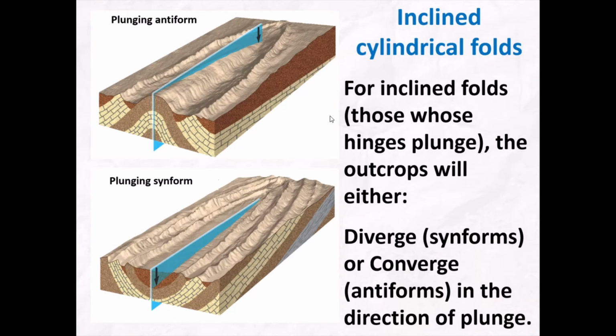So the example that's probably most akin to is this one from the previous slide, where we're on one of our Carboniferous limestones here. We're on one limb of the antiform, and as we go around the hinge zone, the plunge of that fold means that our outcrops seem to bend around and come back the other way.